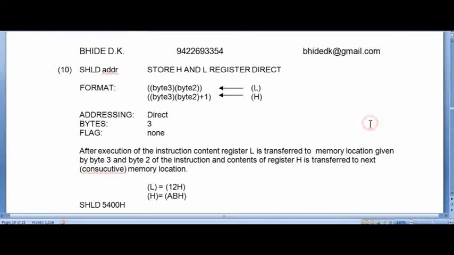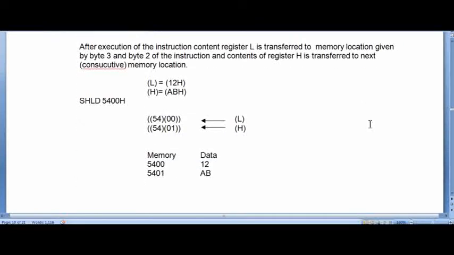Now let us move to a specific example so that the idea will be clear. Let register L contain the number 12 and register H the number AB. These are the two numbers present in register L and register H. Here the instruction to be executed is SHLD 5400.